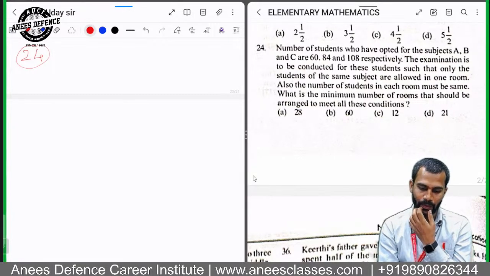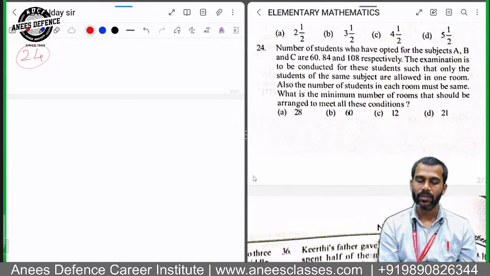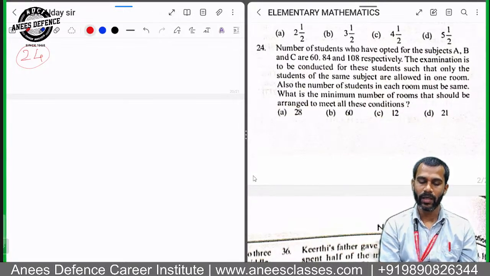The examination is to be conducted for those students such that only the students of the same subject are allowed in one room. Also, the number of students in each room must be same. What is the minimum number of rooms that should be arranged to meet all these conditions?